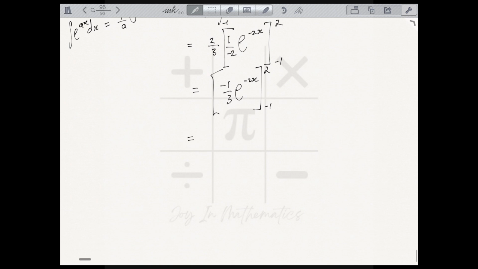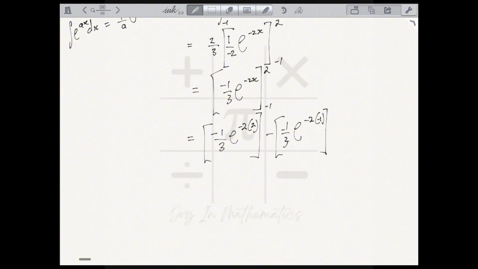And now we can put in our limits, our upper limit first and then our lower limit. So our upper limit is exponential, which is 2, minus our lower limit, which is minus 1.